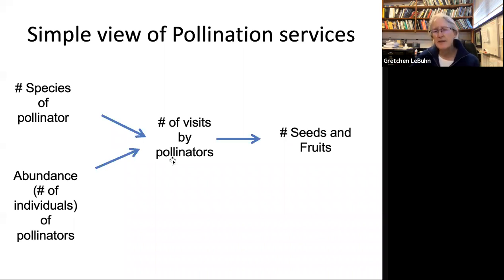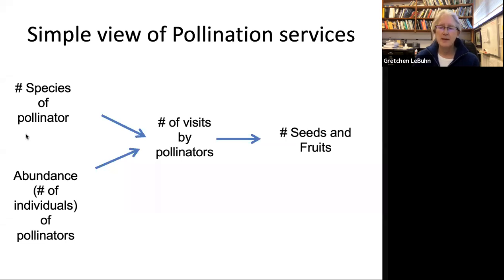So the number of visits that any flower gets determines how many fruits and seeds get produced by that plant. And the number of visits is determined by two things. Of course, the abundance of pollinators, but it also turns out that the species of pollinators is important, because different pollinators are more or less efficient at pollinating different plants.